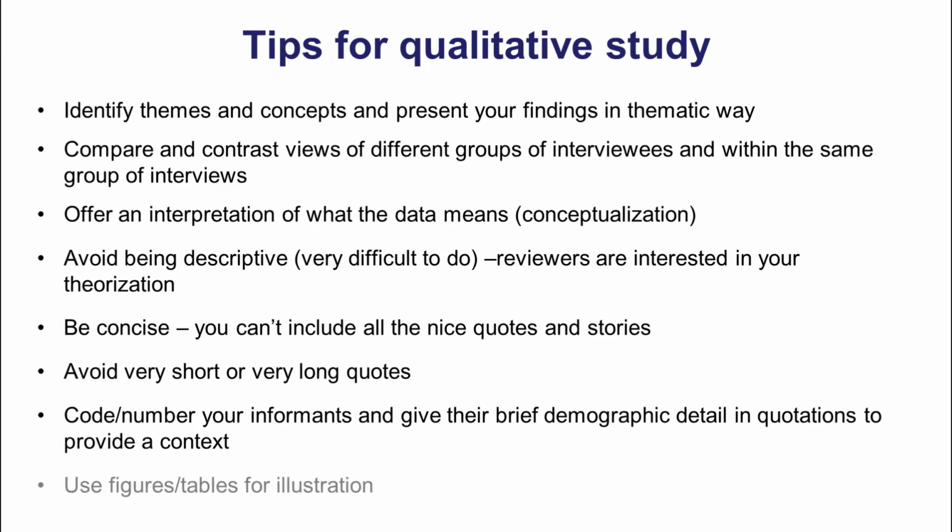For quantitative papers, you have standardized correlation tables, regression tables, and so forth. For qualitative studies, that's not absolutely necessary. But I would strongly recommend using figures or tables, because tables can tell you so much and very quickly. They can be extremely powerful. So think very carefully what kind of tables and figures you would like to provide.